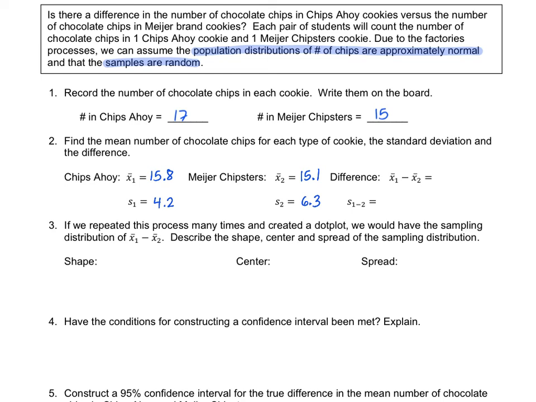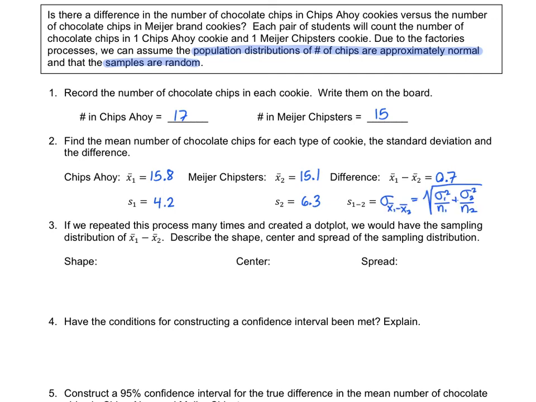The difference between x1 bar and x2 bar is 0.7. And you may remember when we do the standard deviation of combined random variables, what we have to do is that Pythagorean theorem of statistics.